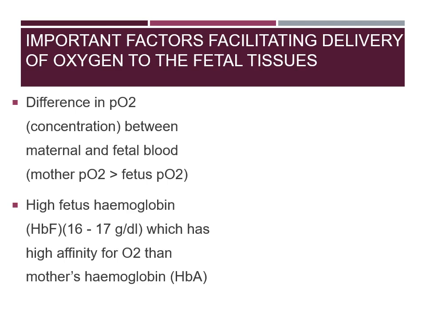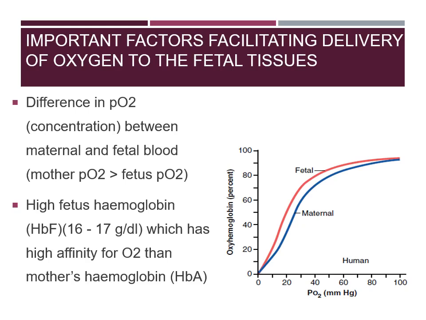The high fetal hemoglobin in the fetal circulation actually has higher affinity for oxygen than the mother's hemoglobin. So fetal hemoglobin is very well known to have a dissociation curve for oxygen that is shifted to the left, as you can see here in the graph.